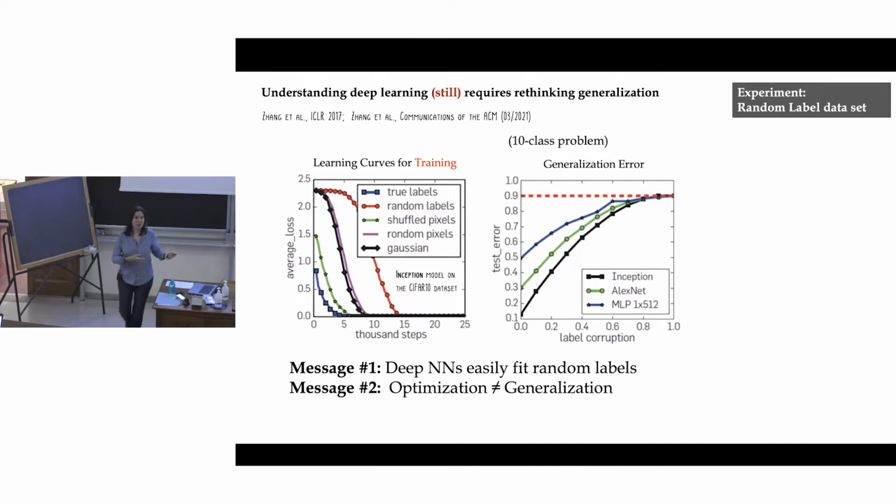But here, I optimize perfectly. My loss is zero, but I cannot generalize. So when people tell you, oh, we're doing machine learning, this is just an optimization problem, we can say, okay, it's not. This is a proof. They went to the extreme case to prove that this is not the same thing. Of course, this is related, but optimization is different from generalization, and having loss zero doesn't mean that I generalize in a good way.